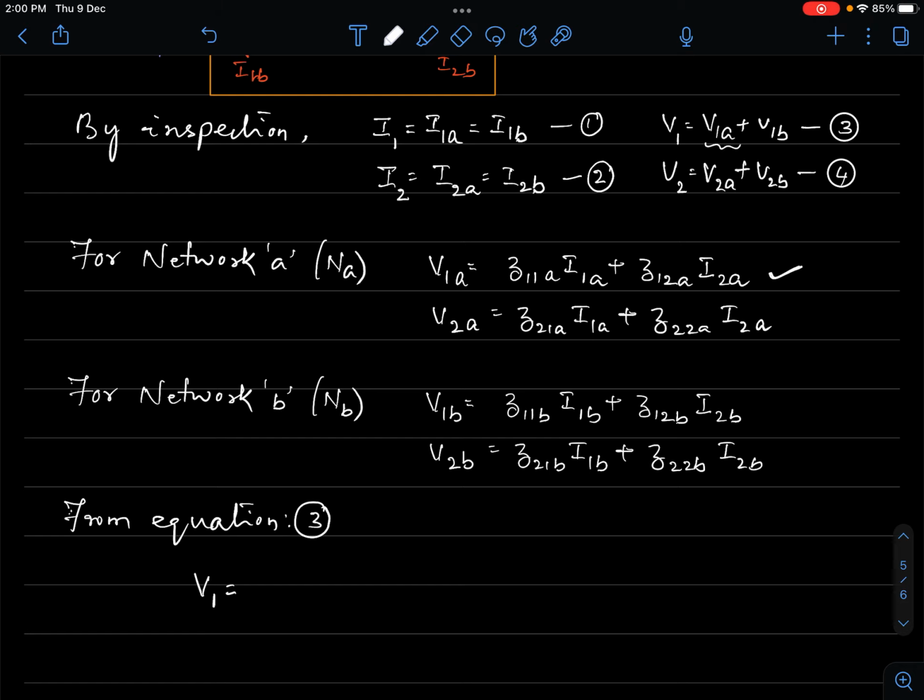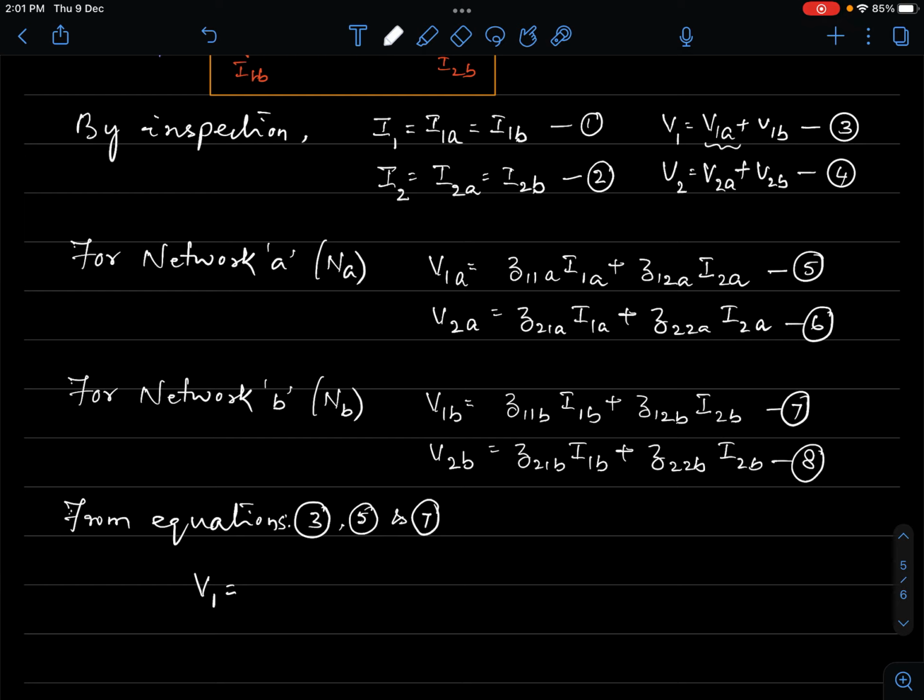I can call these equations 5, 6, 7, 8. So from equations 3, 5 and 7, in equation 3, I am trying to substitute 5 and 7.